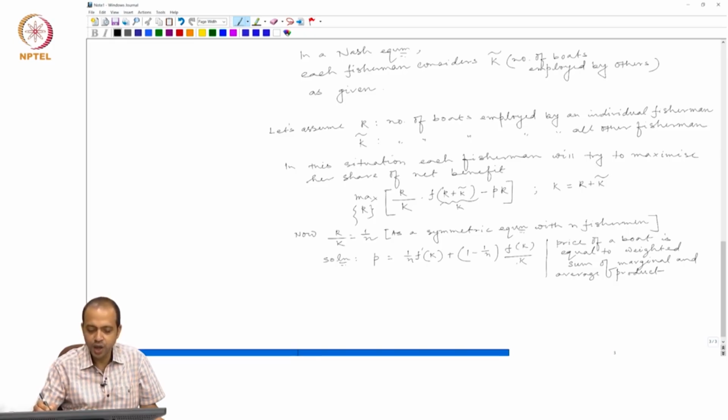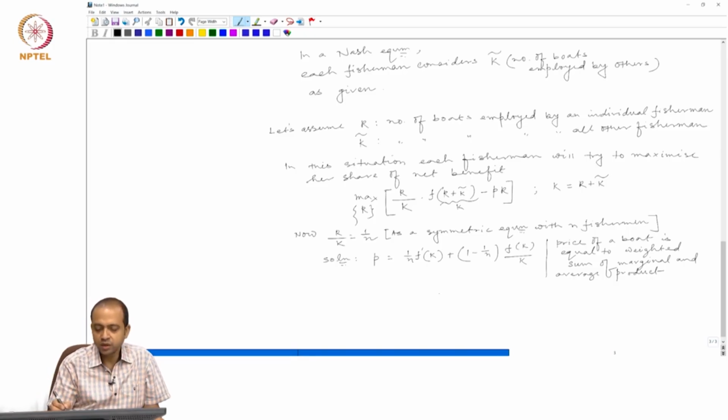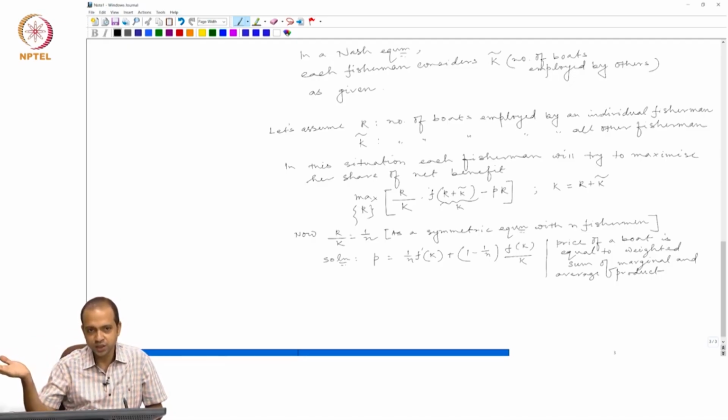I am not showing how this equation comes, because that comes from maximizing this problem, considering a Nash equilibrium, a strategic situation where everyone takes others' decisions as given. So, it is an interaction function we have to introduce, and so on.